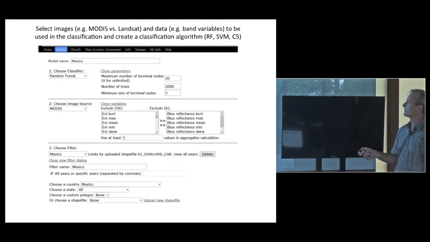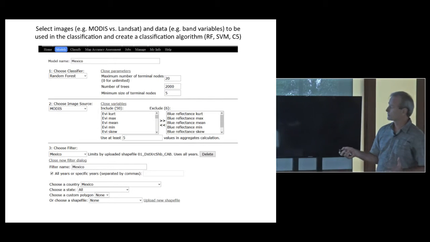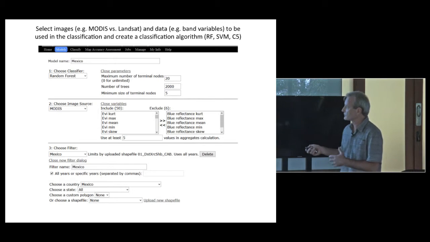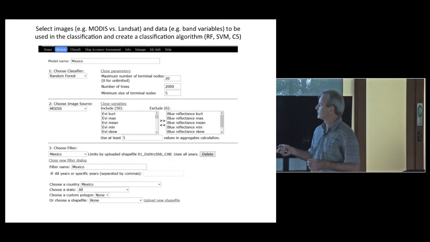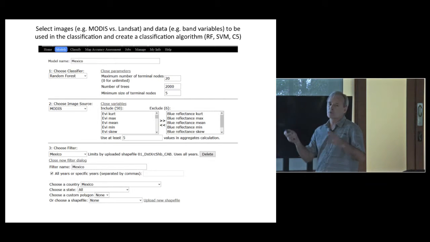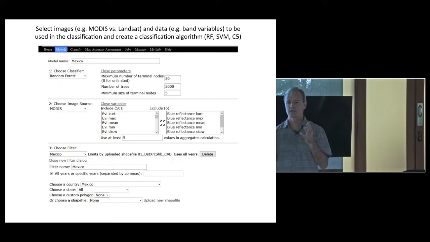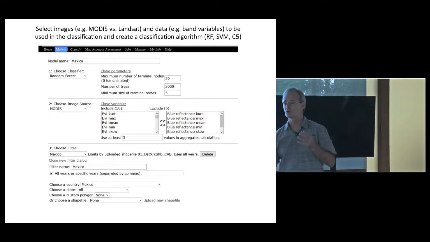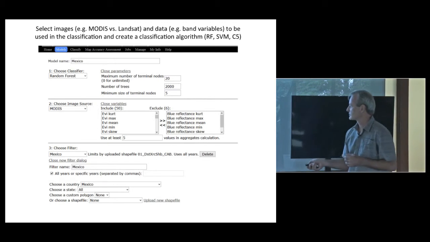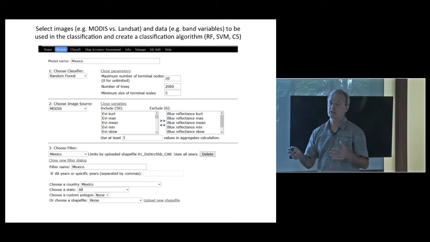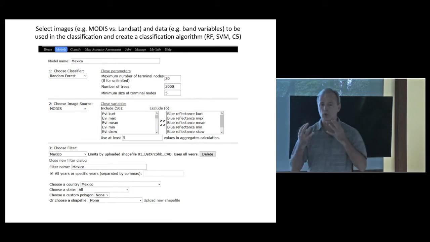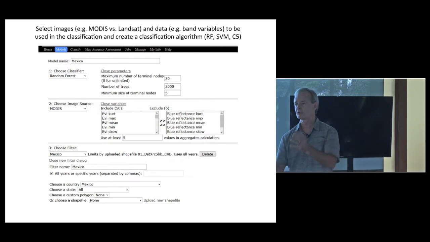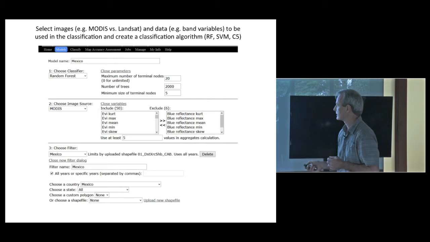It next wants to ask you what images that you're going to use and what variables that we provide for these particular images. Then you tell it which area do you want to use the polygons. Where have you done your training data? In this case, I'm saying Mexico, but it could be, say, the dry forest biome in Mexico. And then it would pull out just those polygons, the training data that we've created in that area.